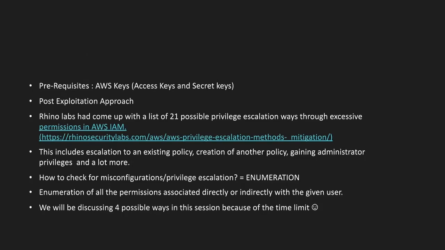Some keys will only be able to give you access to the PII information or whatever is possible, right? In order to find that out very specifically for AWS keys, you can pass the leaked AWS keys, or whatever key you are trying to audit, to this tool, and it'll give you a list of misconfigurations and privilege escalations that you can actually do. So it's mostly an enumeration script which you can use to identify these threats.